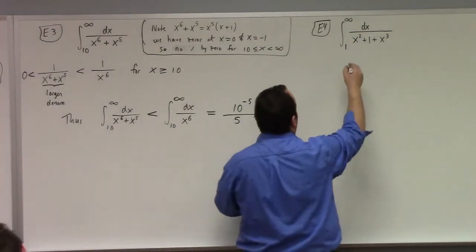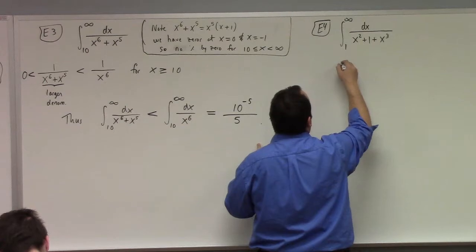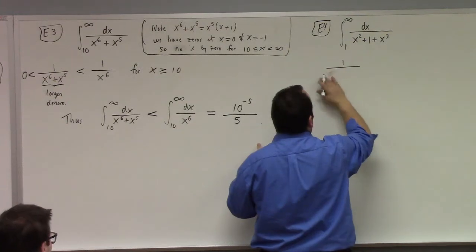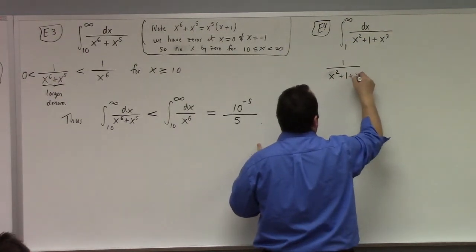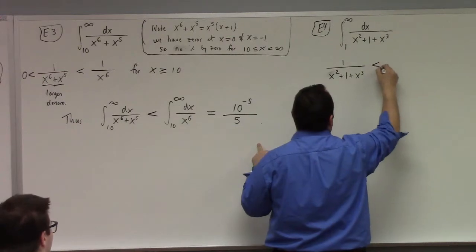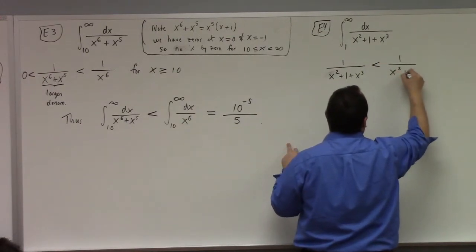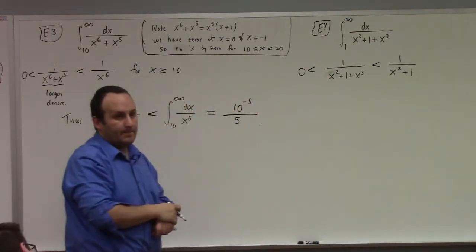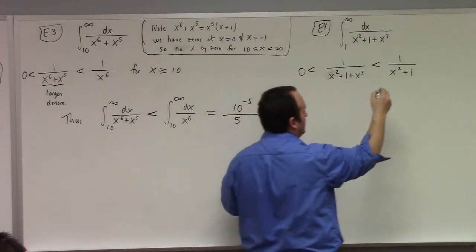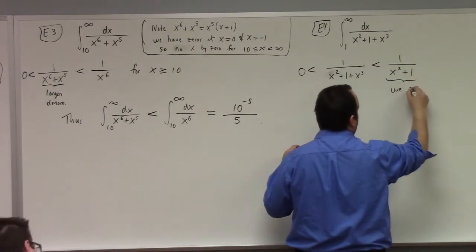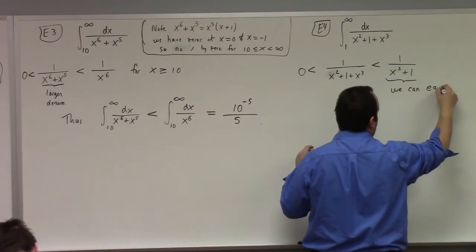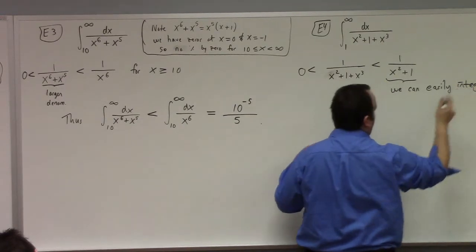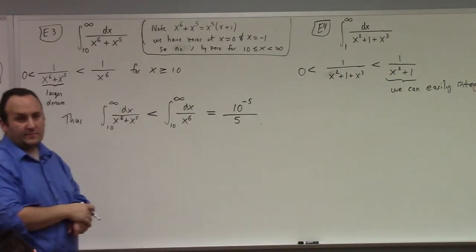What I'm noticing here is that 1 over x squared plus 1 plus x cubed would be less than 1 over x squared plus 1, right? And it's positive. But the thing is, this we can easily integrate, right?